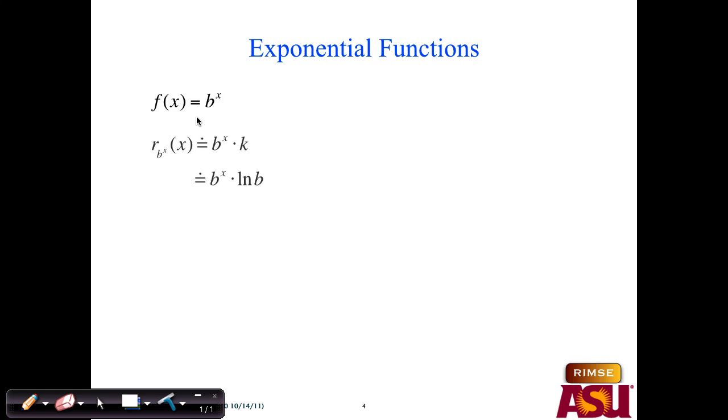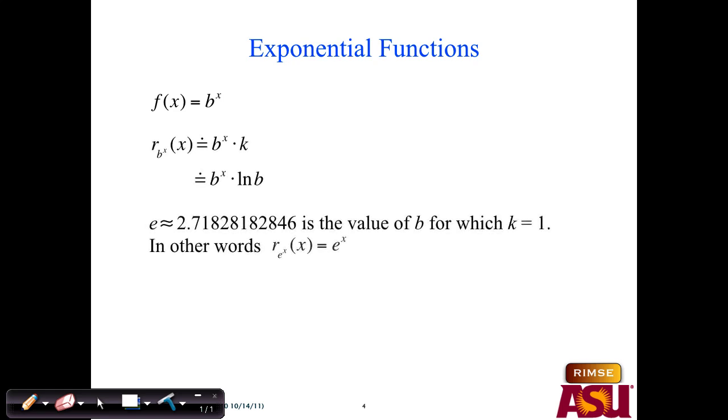All right, so if b, the base of this function, is the number e, about 2.718, then the natural log of e, since natural log is log base e, of e is 1. This function can be written more succinctly. If I have e to the x, we just say the derivative is e to the x.